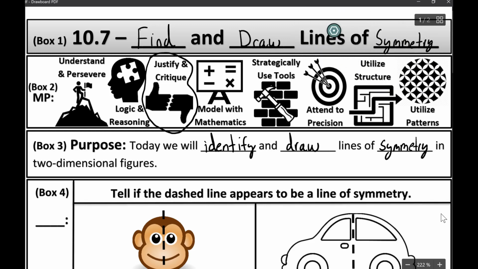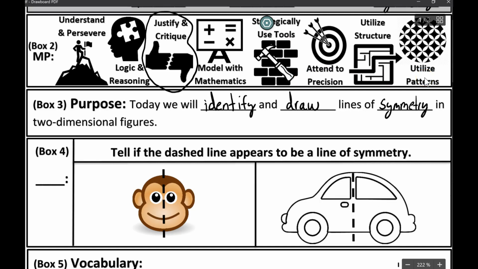Alrighty, and I think that's plenty of time. On the bow, you know what to do, starting with the word today in 3, 2, and today we will identify and draw lines of symmetry in two-dimensional figures. Awesome, awesome, awesome job, class. Great job on that, okay?